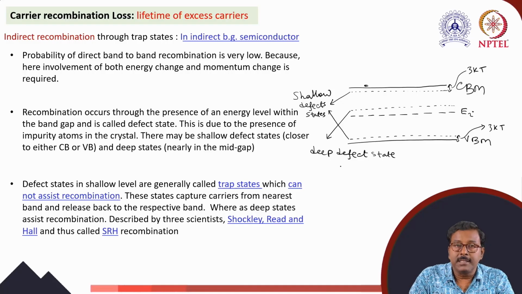And the trap assisted recombination was first described by three scientists, Shockley, Read and Hall, and as per their name it is called the Shockley-Read-Hall recombination model, in short SRH recombination. The very famous recombination is called SRH recombination.